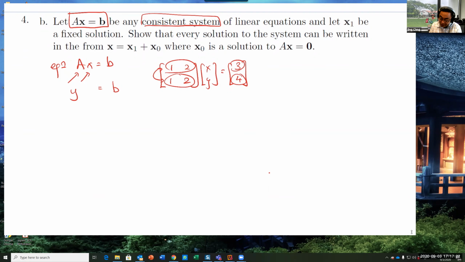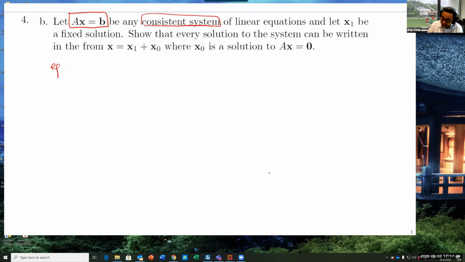It means that the lines in this graph will never intersect. All right, but when the system of equations is consistent, what does it mean? It means that this x, multiplied with A on the left, will give you the b. That's what consistent means.